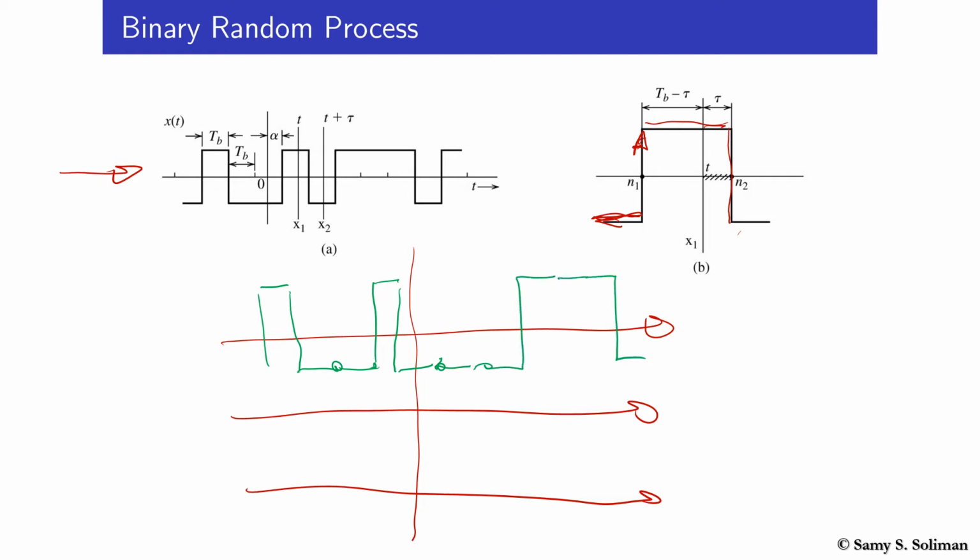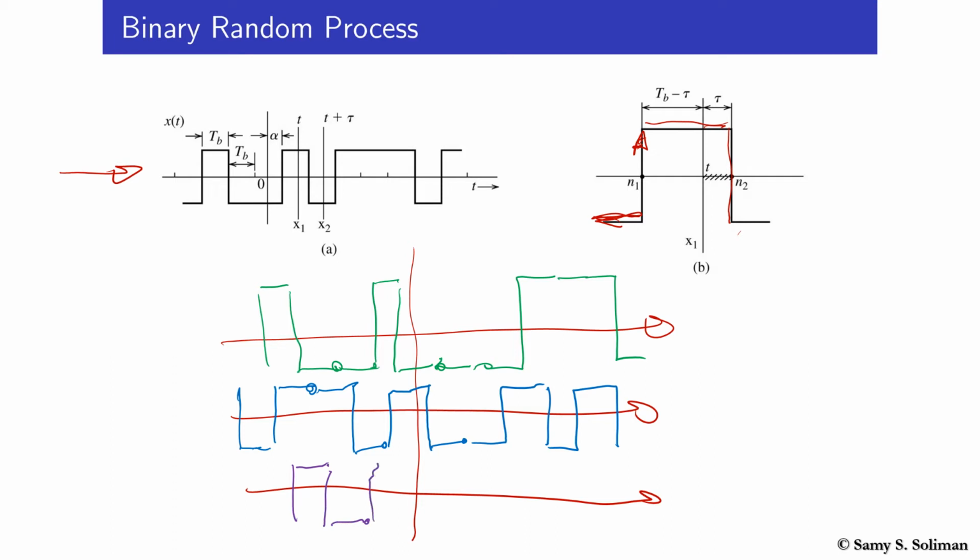So this is one sample function. Another sample function can start like here with bit 0, followed by bit 1, another bit 1, another 0, another bit 1, 0, 0, 1, 0, 1, 0, for example. And also we can have another stream which starts right here with bit 1, followed by bit 0, another bit 1, 0, 0, 0, 1, 1.